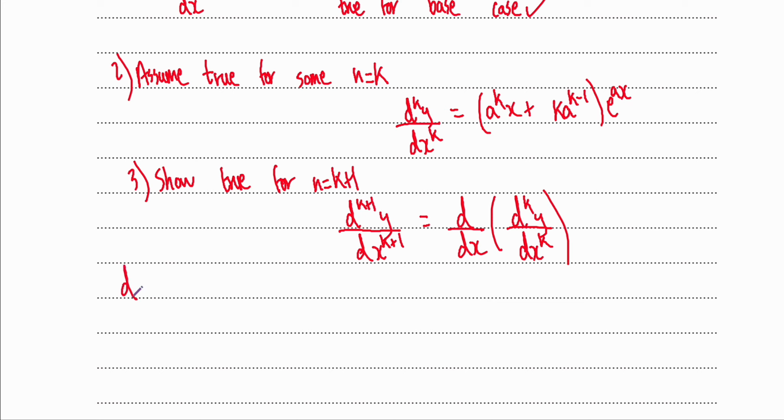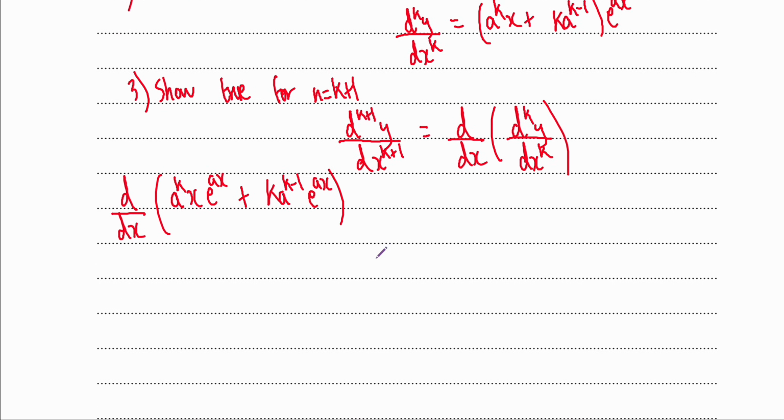I'm going to write it out in full form, because we can use the product rule, but I want to just write it out in full form so it's easy for us to follow along. So we have a^k x e^(ax) plus k a^(k-1) e^(ax). So we have this right here.